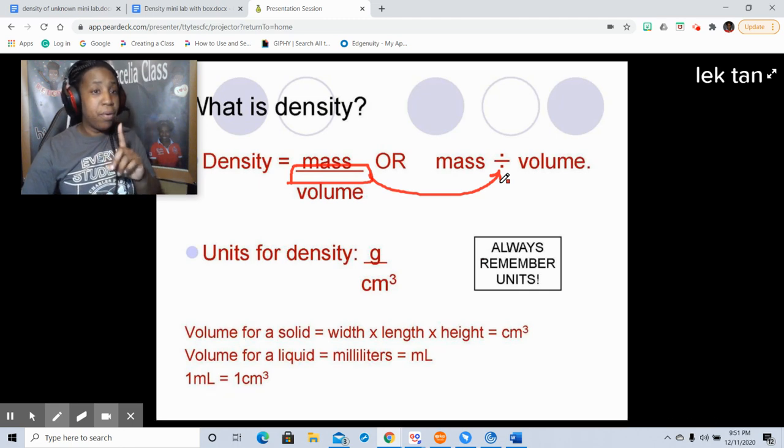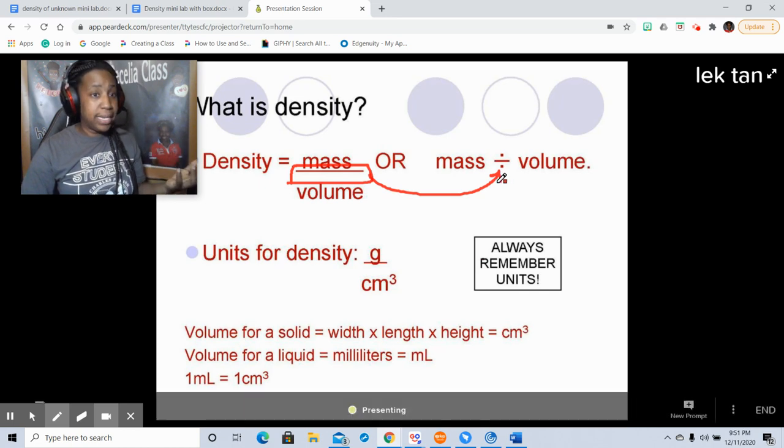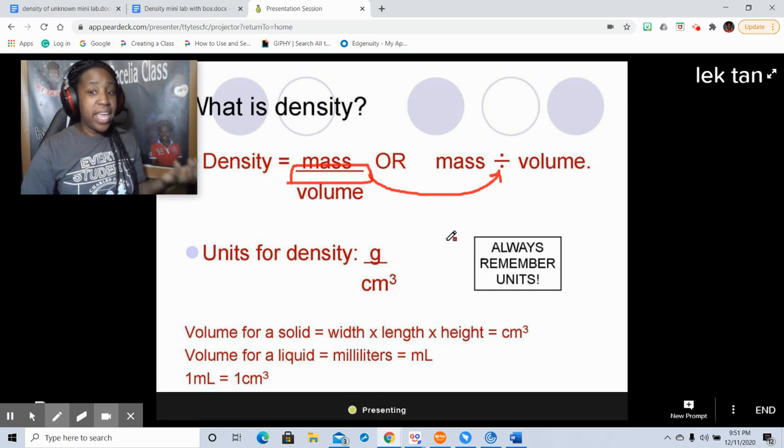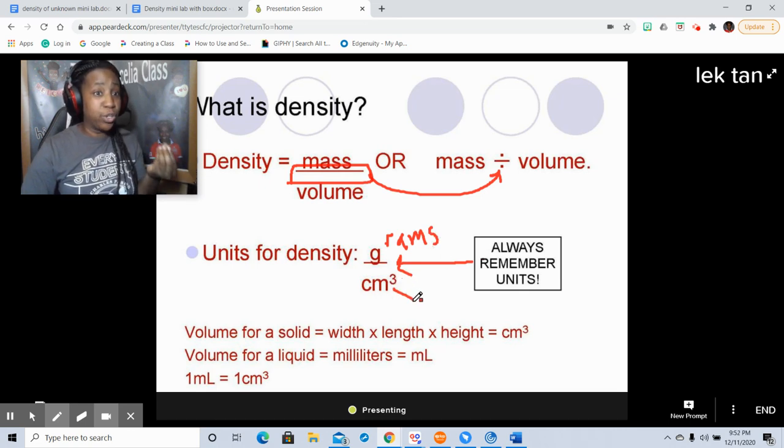Now, one very important point to note is that when you are solving for density or any mathematical equation, it is very important to remember your units. So, mass is measured in g, which is grams. And then you have cubic centimeters when it's a regular shaped object. And we're going to talk about that in our next lesson, like the difference between regular and irregular.